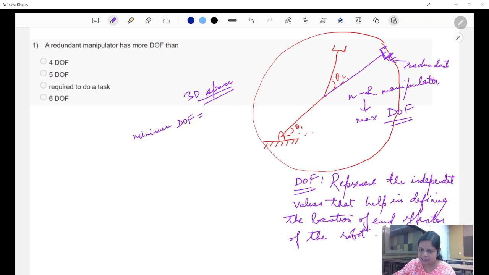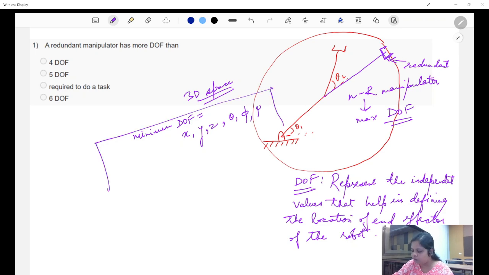We need to move in the X direction, the Y direction, and the Z direction. This is all about the position. If you have linear motion, you just have translation. Apart from this, what are their orientations? So you need to go for theta, phi and psi. So this is the minimum degrees of freedom that you need if you want to travel in the workspace.